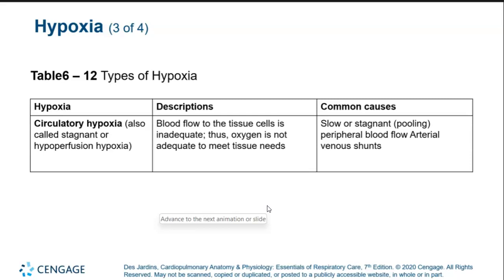Circulatory hypoxemia is sometimes called stagnant or hypoperfusion hypoxemia. This is where blood flow to the tissues is inadequate, so oxygen delivery is inadequate.